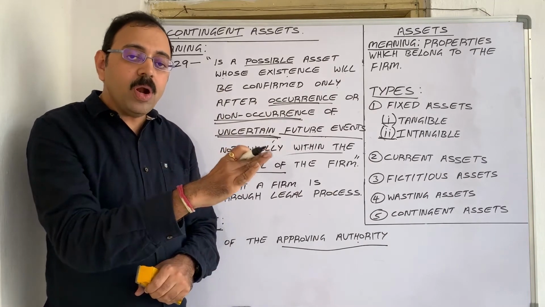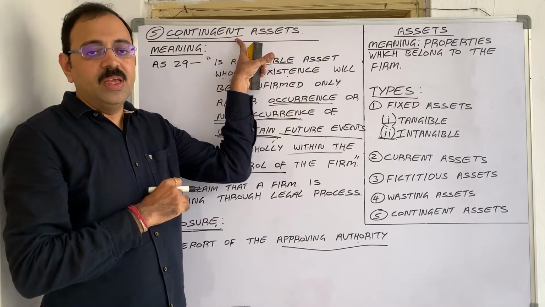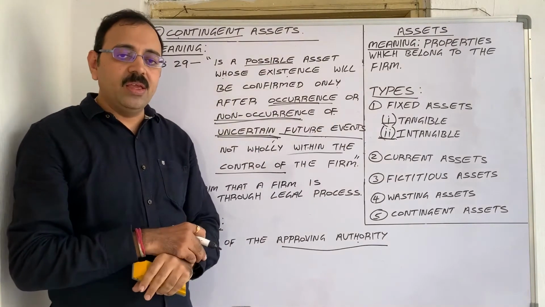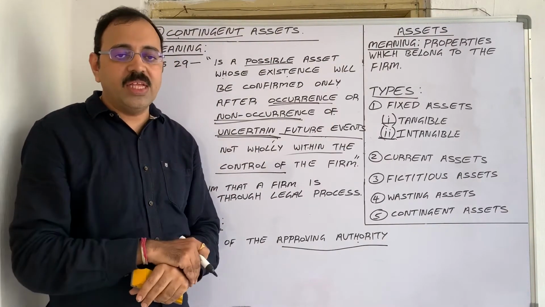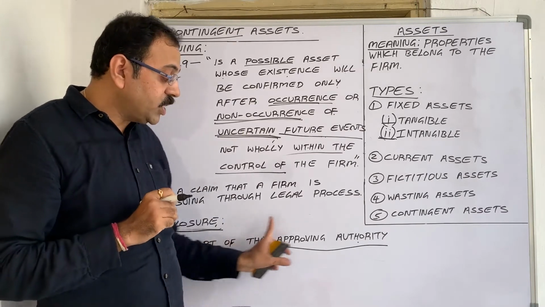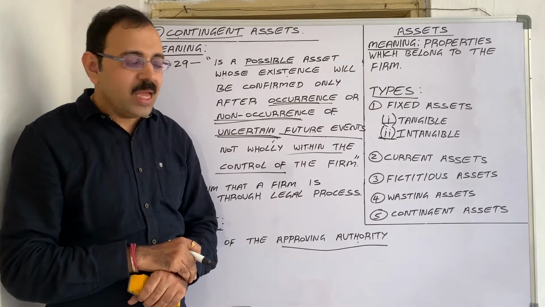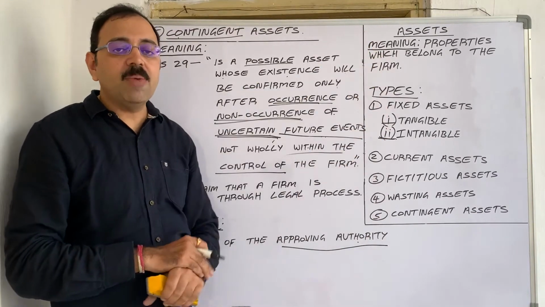In that report, they are going to mention this contingent asset. If it is not a company, if it is another form of organization, in the appropriate reports they have to mention this contingent asset. With this, the assets topic is completed.